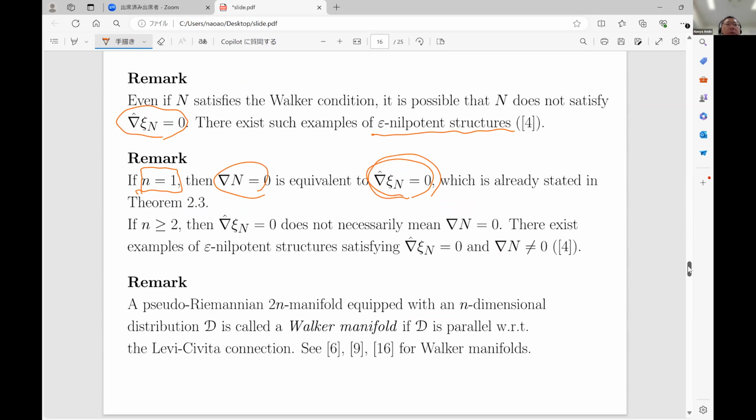On the other hand, if n is more than or equal to 2, then this condition does not necessarily mean this condition. There exist examples of epsilon nilpotent structures satisfying this and this. This is not zero.